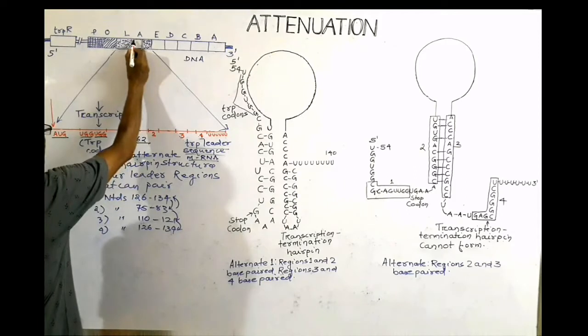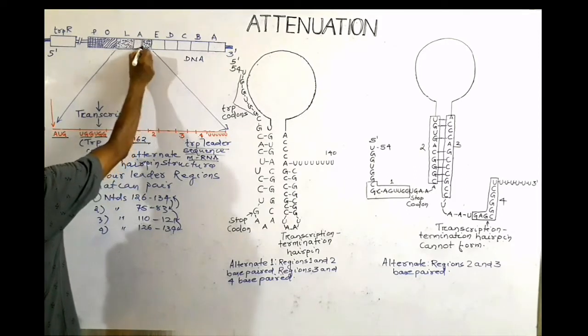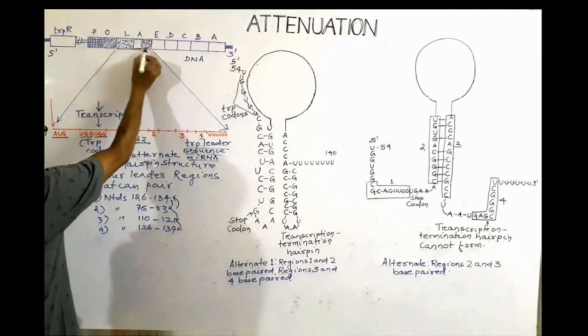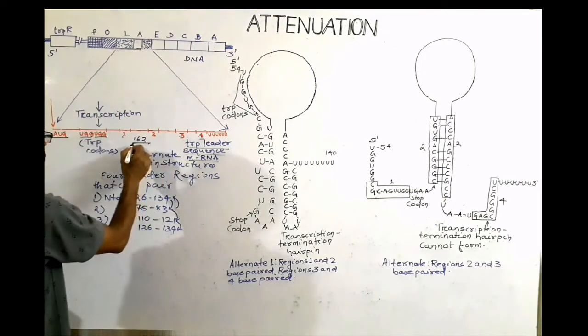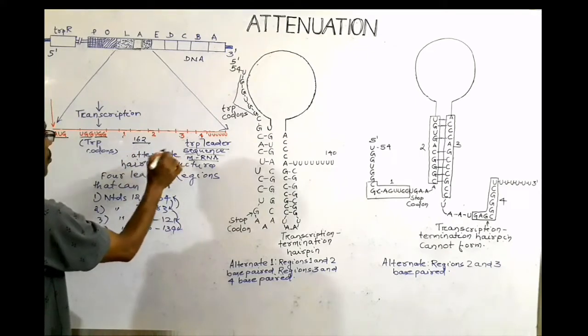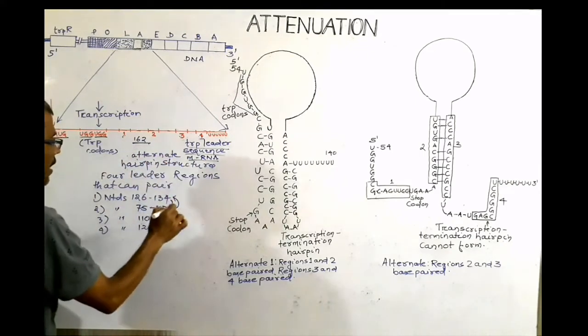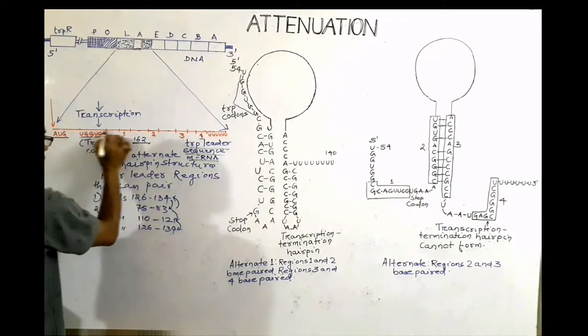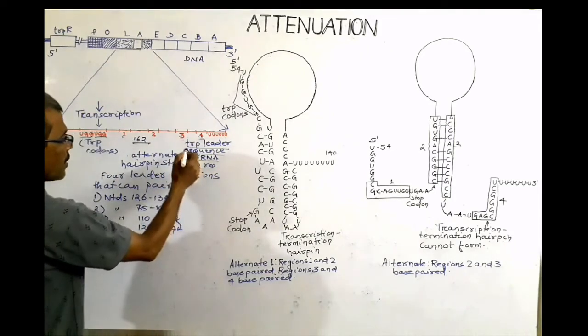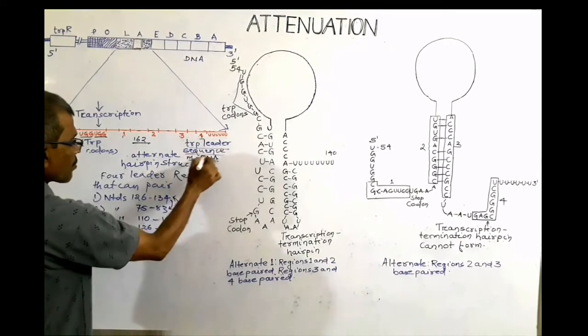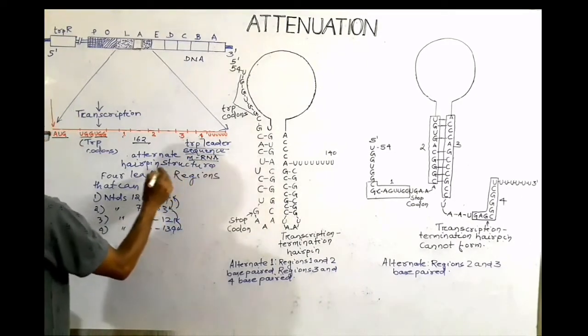So friends, this is the leader region. This leader region contains a specific sequence that is known as the attenuator. This leader region is transcribed to form a 162 nucleotide nascent mRNA. This is the nascent mRNA, also known as the tryptophan leader sequence mRNA.